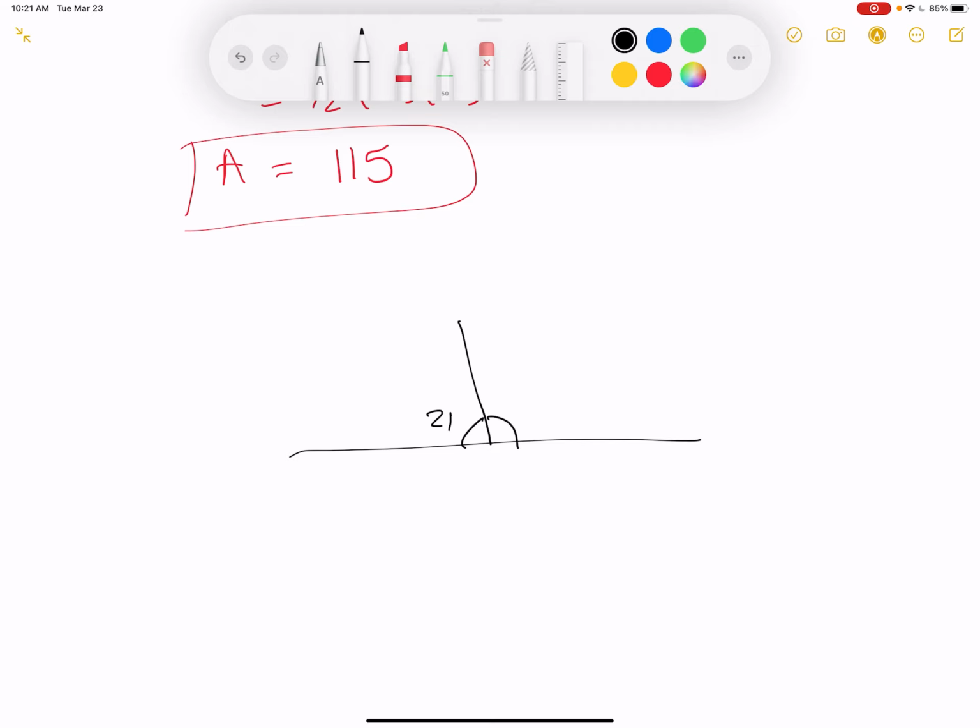Yes, that gives you this one. But that's not relevant for our triangles. So it doesn't work for the triangle you're doing? No, because we would want this one over here.